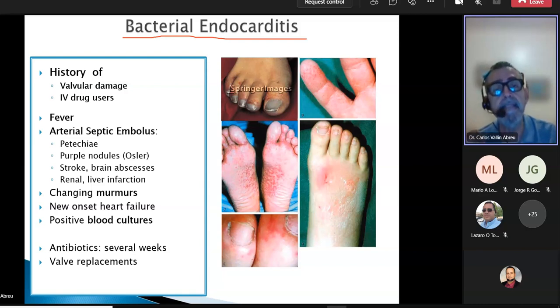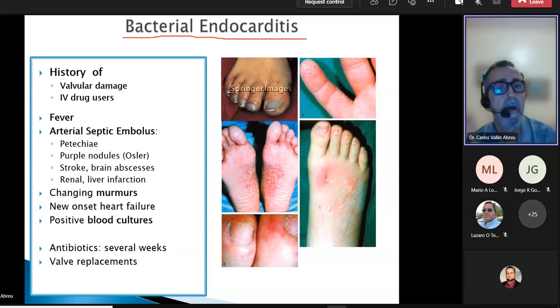The endocarditis generally does not happen in a normal heart. Usually, endocarditis happens in a previously damaged heart. So usually the person has previously a damage in the valve, mitral or aortic valve, or has an abnormal communication, those holes that I mentioned, septal defects, etc. So the patient has previously a murmur as a consequence of this valvular damage.